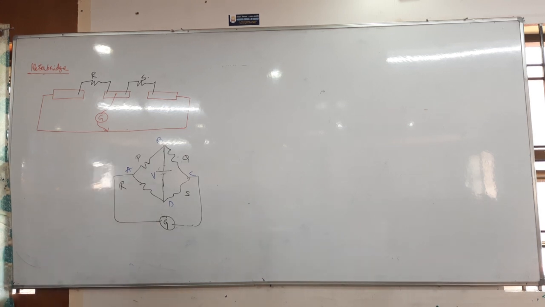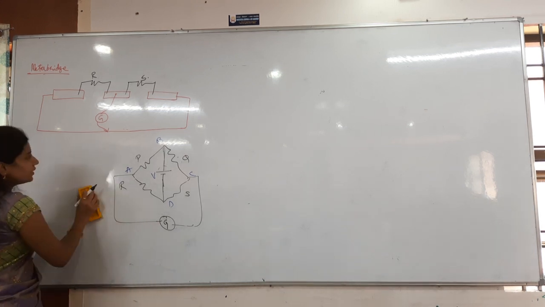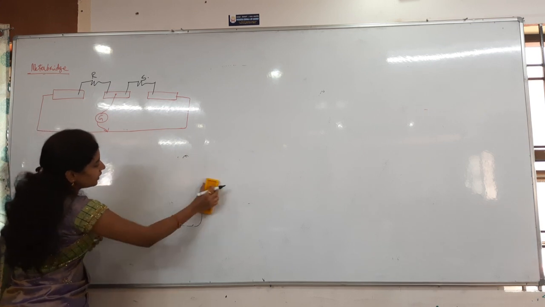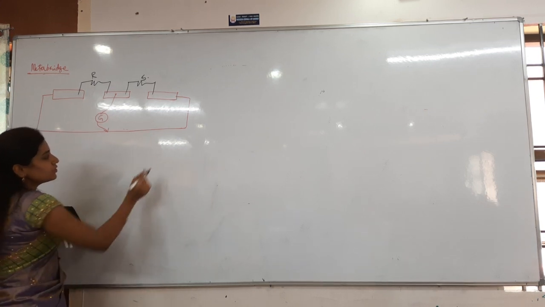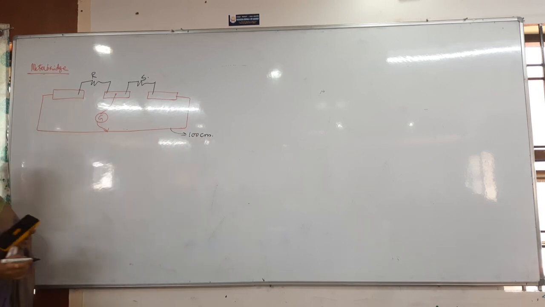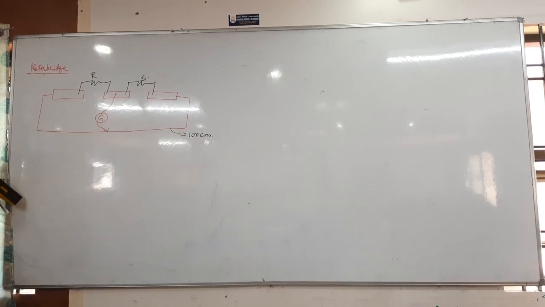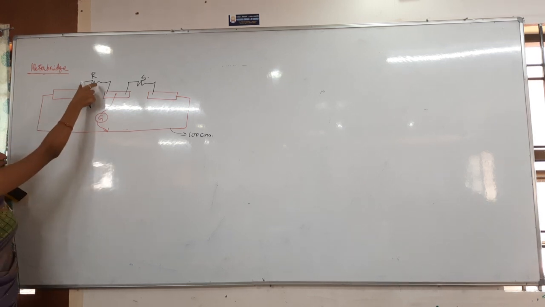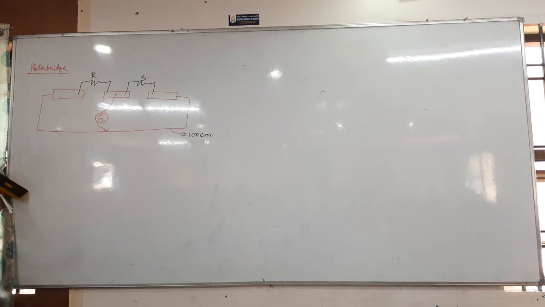How long is the meter bridge wire? 1 meter, or we will always take it as 100 centimeters. Now in this left side, the meter bridge has 3 arms. In this arm an unknown resistance will be there, and that is a known resistance.